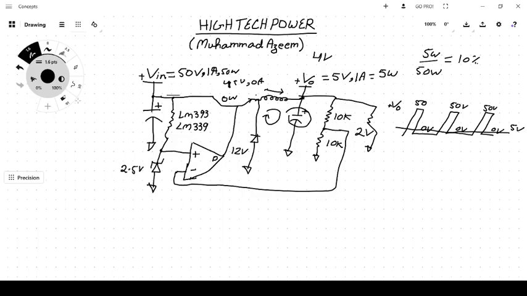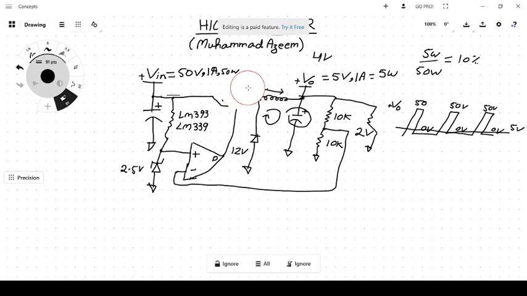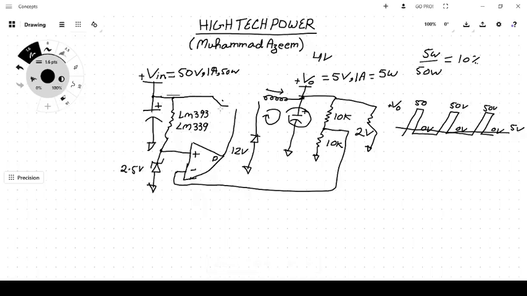And now let's see what happens when it goes into the conduction stage. So now let's see that scenario as well. So let me draw again the series pass element. Suppose that now the transistor is fully on due to the comparator action.